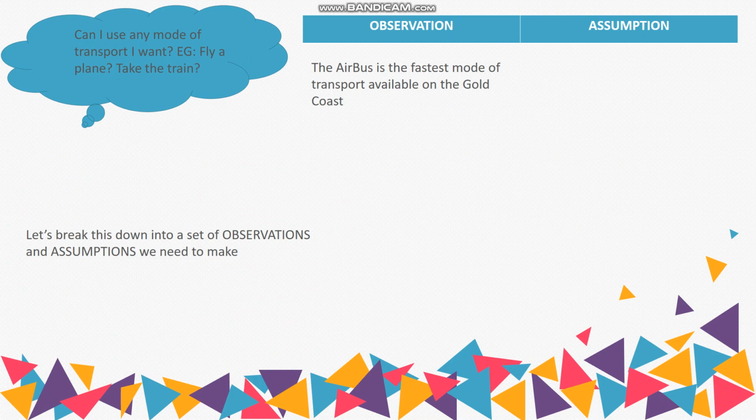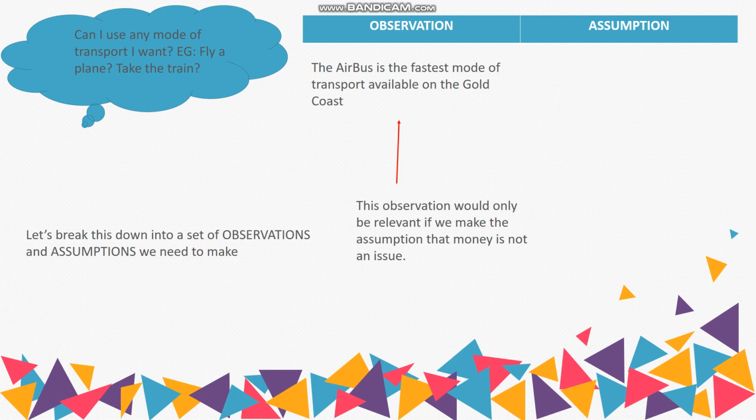I could walk, I could bike, I could rollerblade if I wanted to, but it turns out my interpretation of what efficient means is that it is going to be the fastest way to get there. That is one element of what I'm going to consider being efficient. So I might go and look up and say, I observe that the plane is the fastest way to get there.